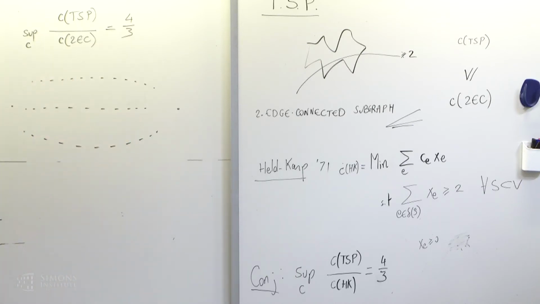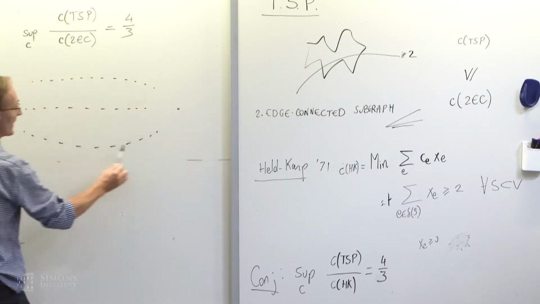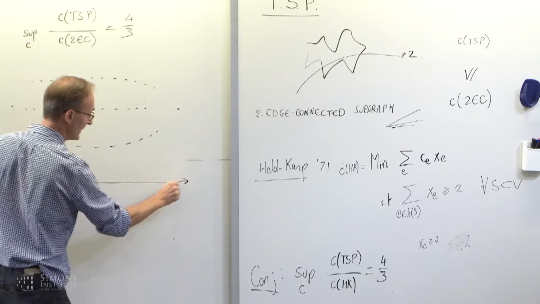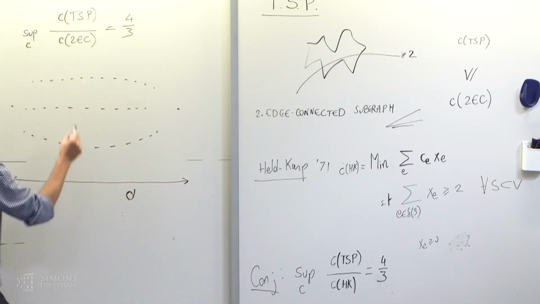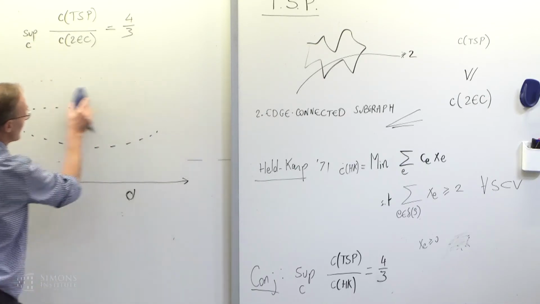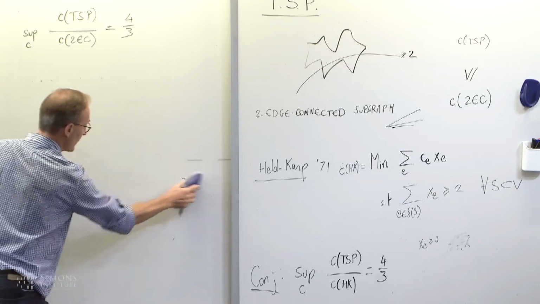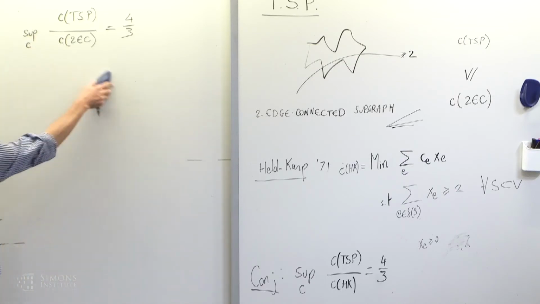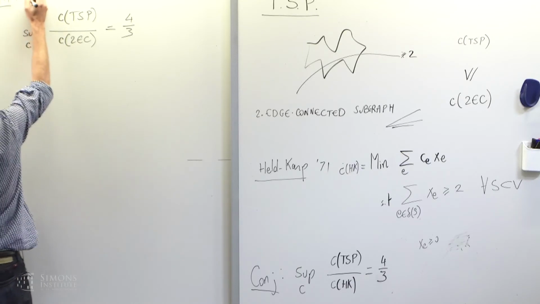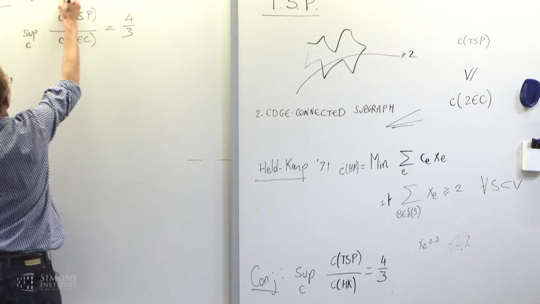Essentially, the best salesman would have to go once, twice, 3 times and go back to the origin, spending, let's say, 4D if the distance is D. But the best 2-edge connected subgraph is just to take the 3 paths, so that ratio, the claim is that it's at most 2/3, and this is a result of Monma, Munson, and Pulleyblank.